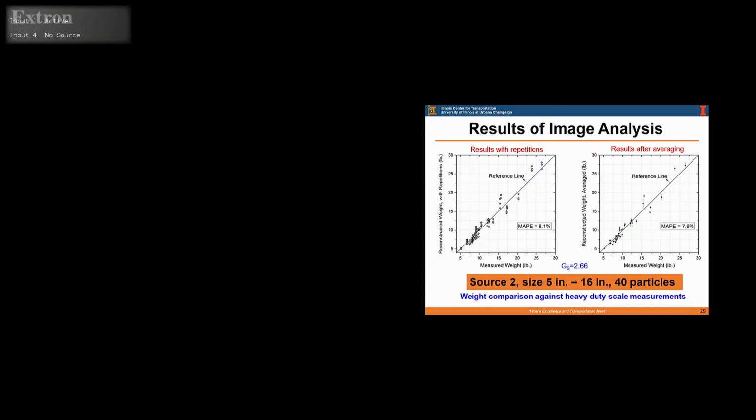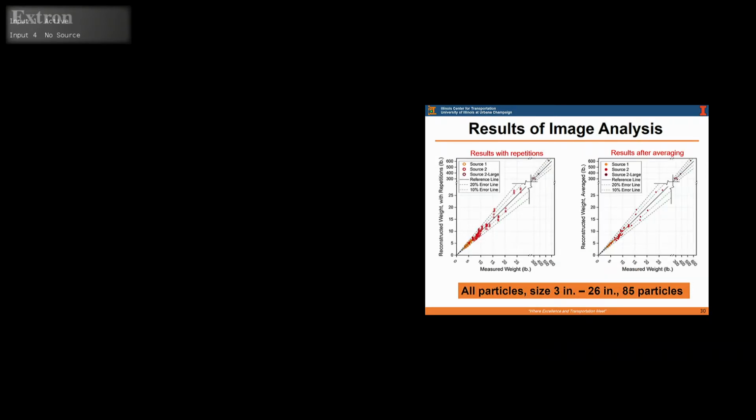That's because the specific gravity assumption, when applied to individual rocks, may not always hold, because specific gravity is in terms of a large sampling size of one material. But still, the MAPE error is below 10%. That's very low.